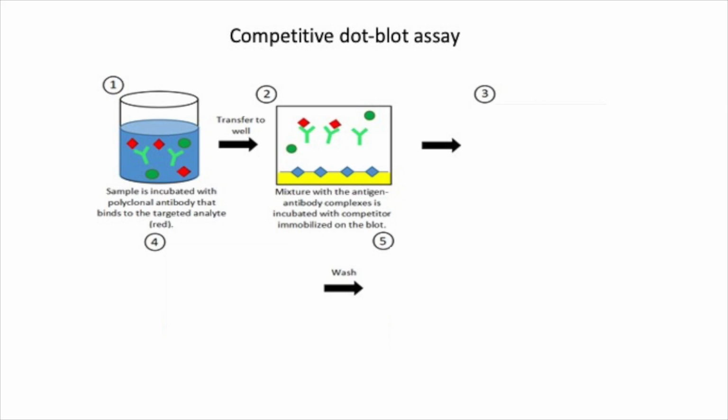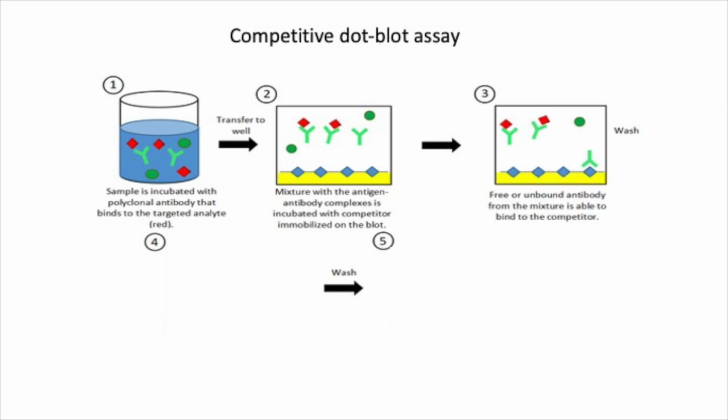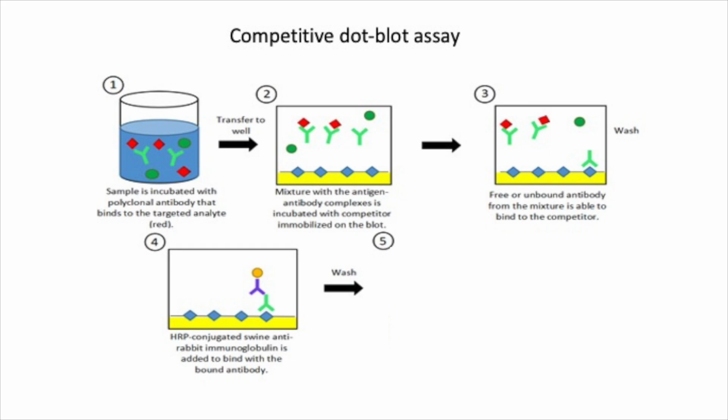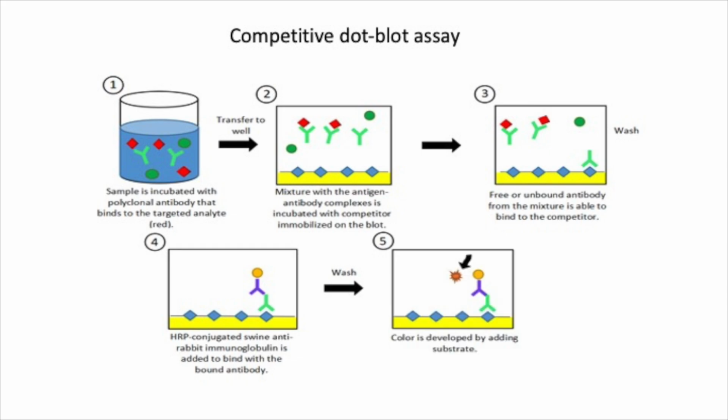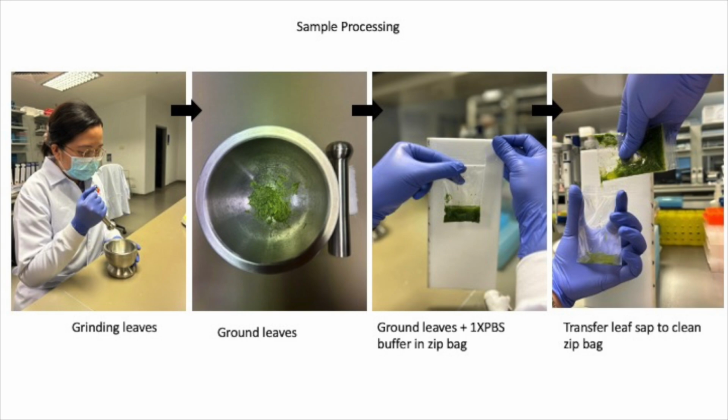During the incubation, the unbound antibodies from the antigen-antibody mixture will bind to the recombinant protein on the blot. After the incubation, the blots are subjected to a washing procedure. Then, the secondary antibody conjugated with HRP enzyme is added to the blot, and color is developed by addition of chromogenic substrate. Prior to the assay, the leaf sap is prepared from the plant leaves by grinding.